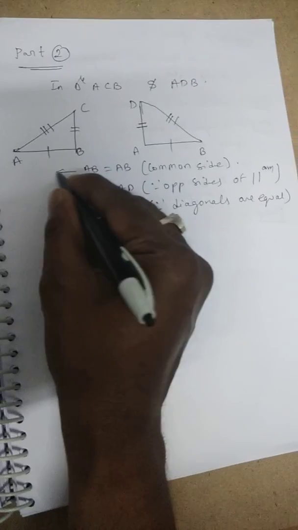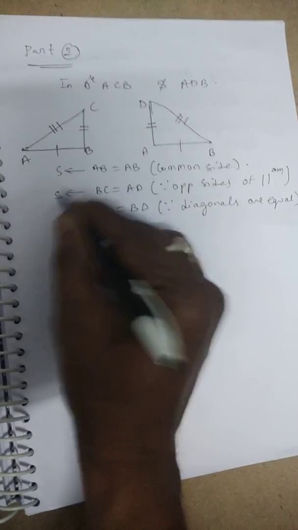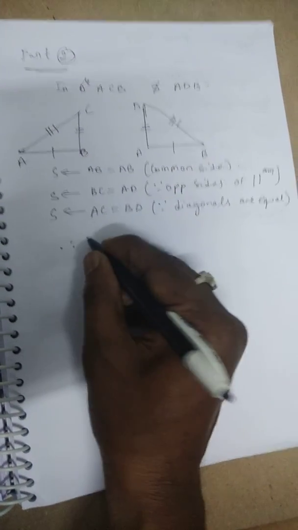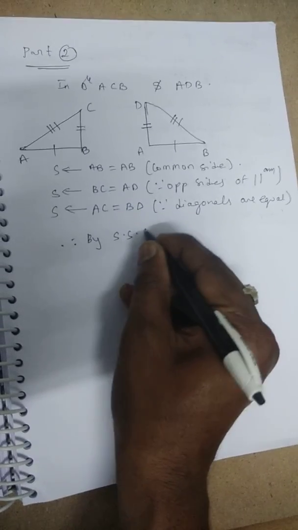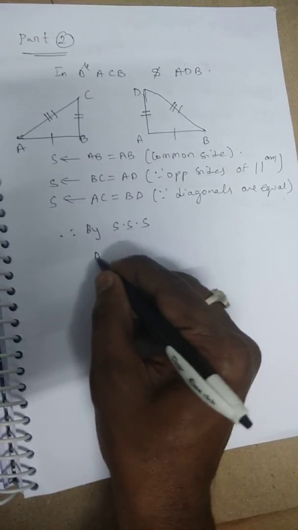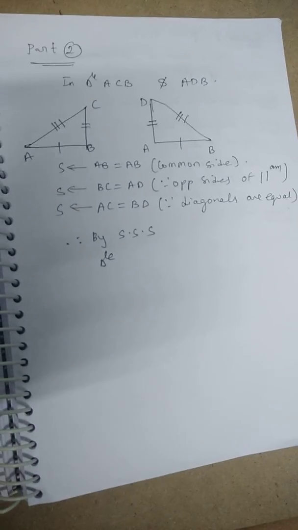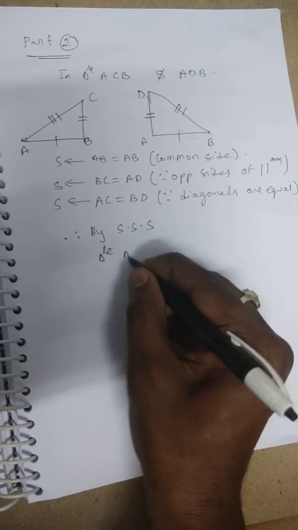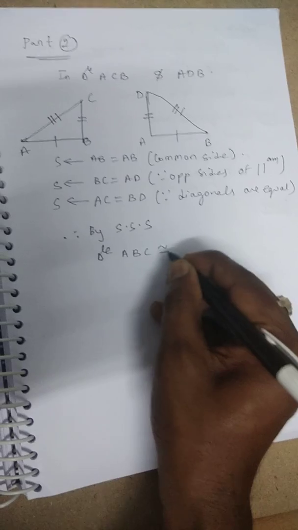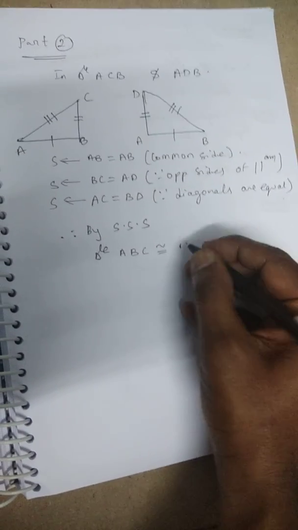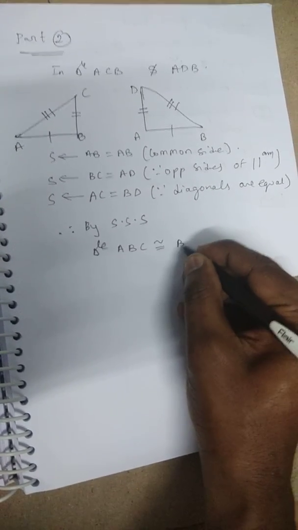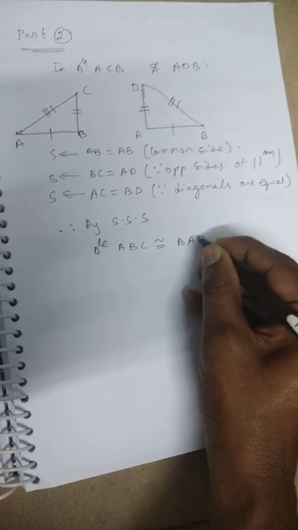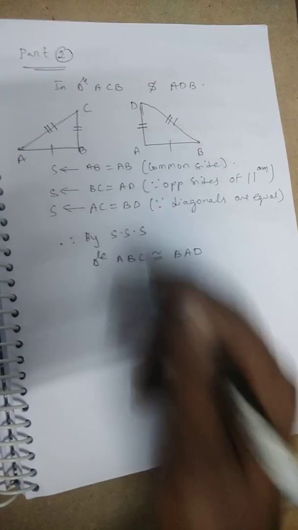Therefore, by the SSS rule, triangle ABC is congruent to triangle BAD. These two triangles are congruent.